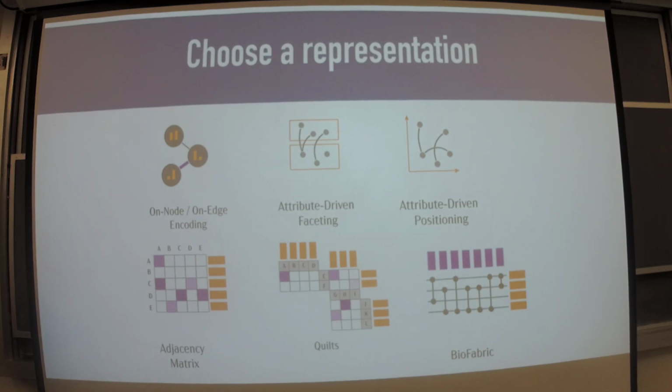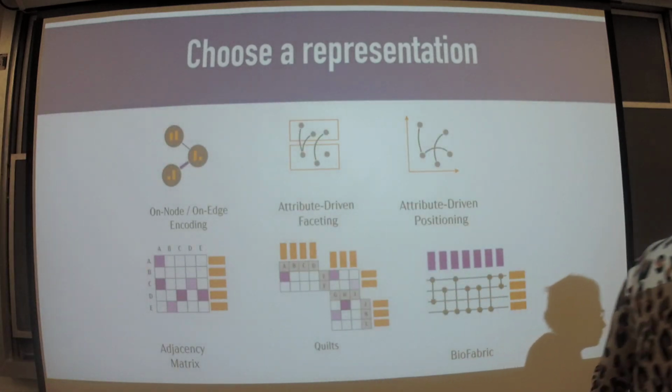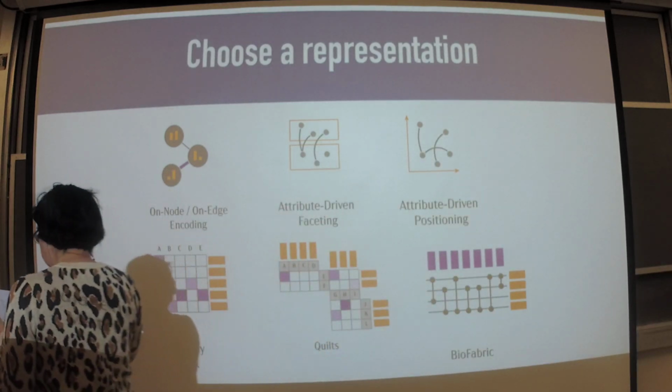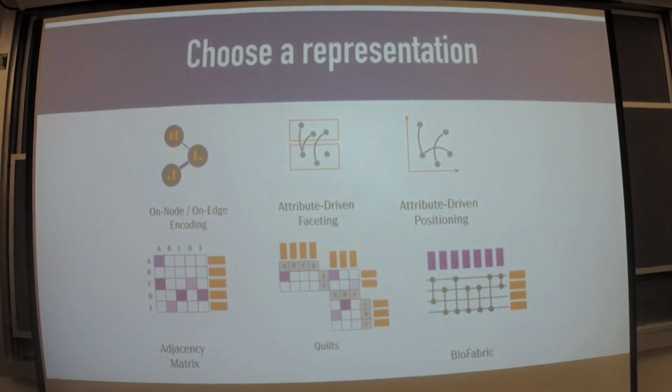Try to encode as many attributes as you can. You definitely should encode the number of tweets, and then the rest is up to you what you want to encode based on the technique that you choose.